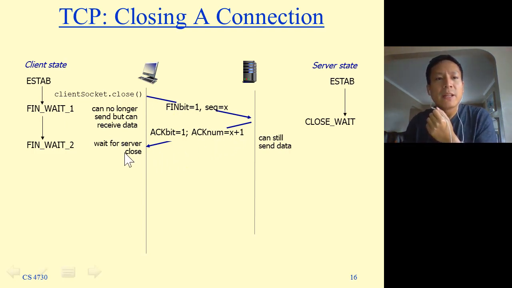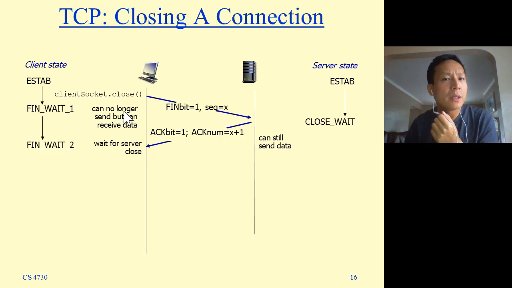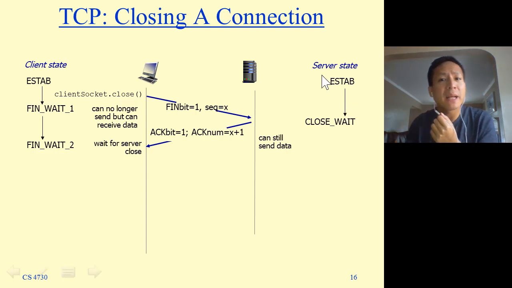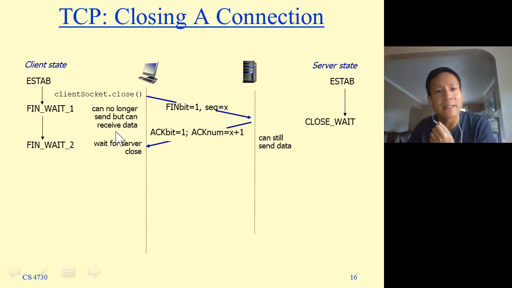So the client enters a second intermediate wait state, because tearing down a TCP connection needs to be agreed on by both sides, right? So you are done with data transmission to the server, but the server may not be done yet. The server may have some remaining data to send to you, so you cannot just say I want to close and quit. That's not a healthy way to terminate a TCP connection.